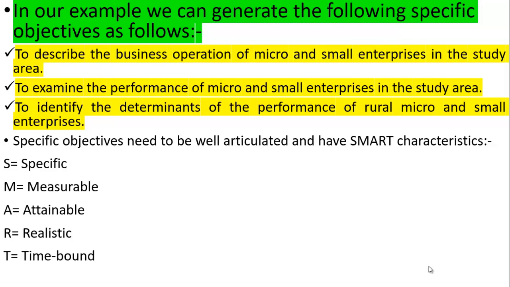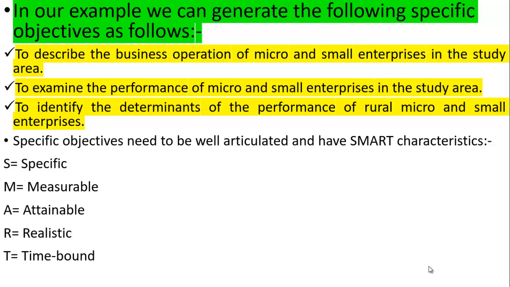For example, how many of the enterprises we survey are micro, how many of them are small enterprises, their initial capital, their current capital, the type of products or the type of service they are rendering, the annual income, and the employment creation, the number of employees that they have.